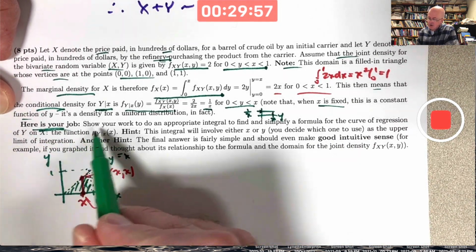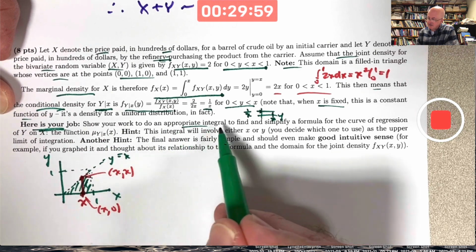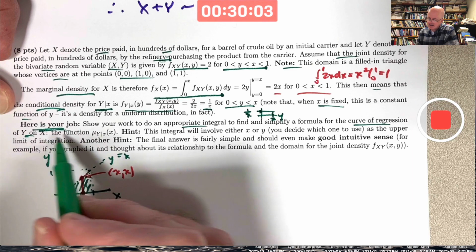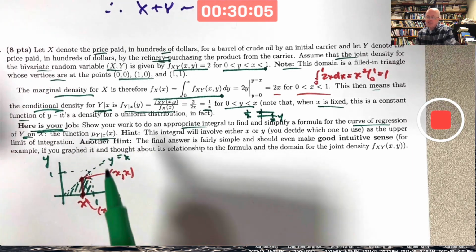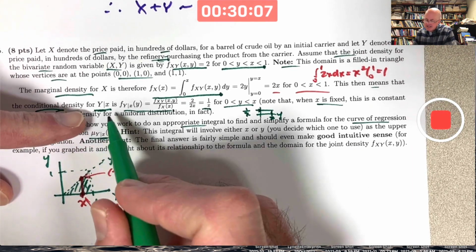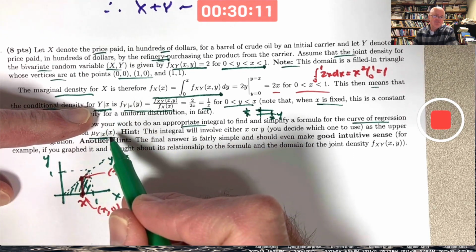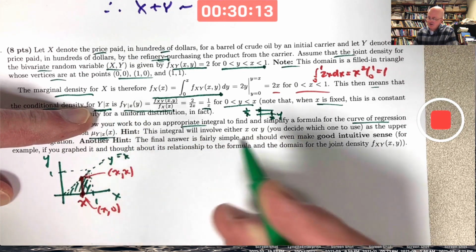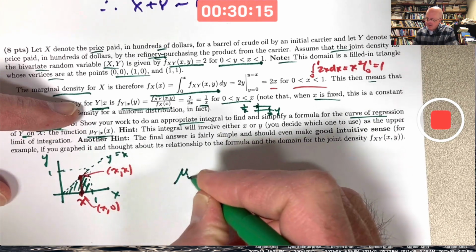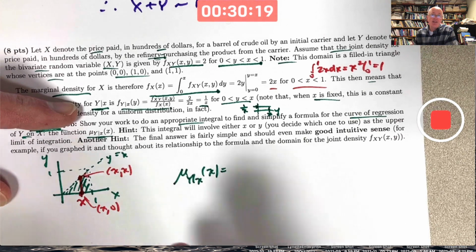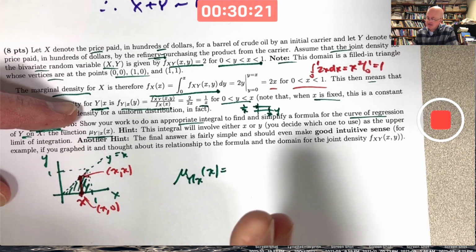Here's your job. Show your work to do an appropriate integral to find and simplify the formula for the curve of regression of y on x, this function, that's giving the mean, mu, of this variable as a function ultimately of x. When you do the integral, you once again think of x as fixed.